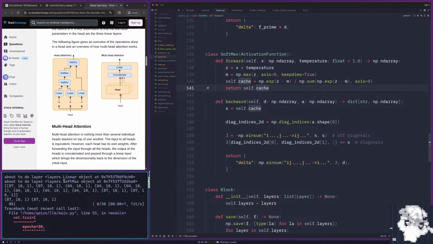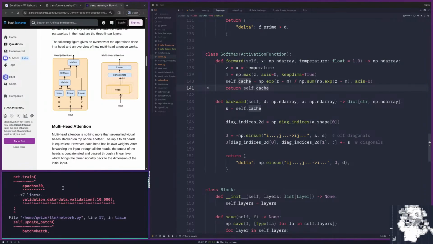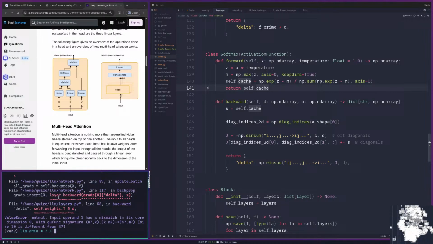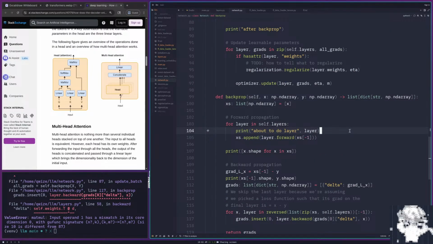Even though softmax is the last thing we printed, we were about to do. Oh, maybe we've... Where's the error? Update batch. Backwards. Oh, we finished the forwards passes and now we're doing the backwards passes.